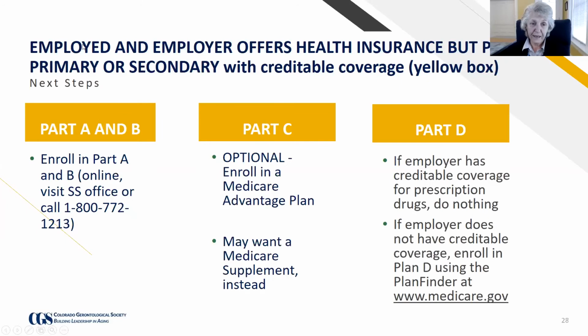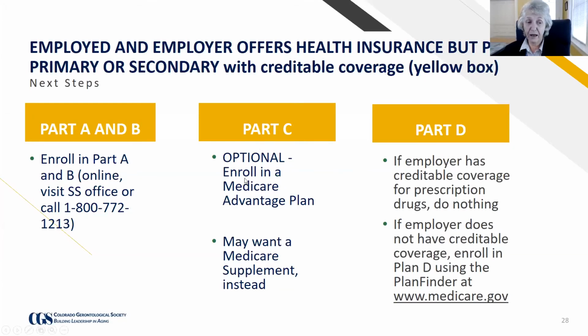coverage. If you are employed and your employer is going to pay either primary or secondary and they have credible coverage, you're still in the yellow box, then we're again going to enroll online at the Social Security website through My Social Security.